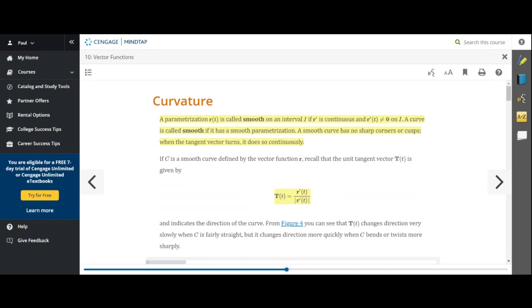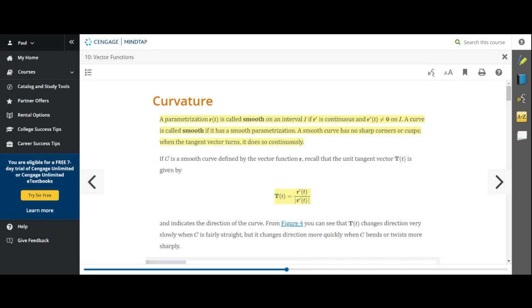And they talk here about a tangent vector. The derivative of your space curve is r prime of t, and r prime of t is tangent to the space curve at time t.